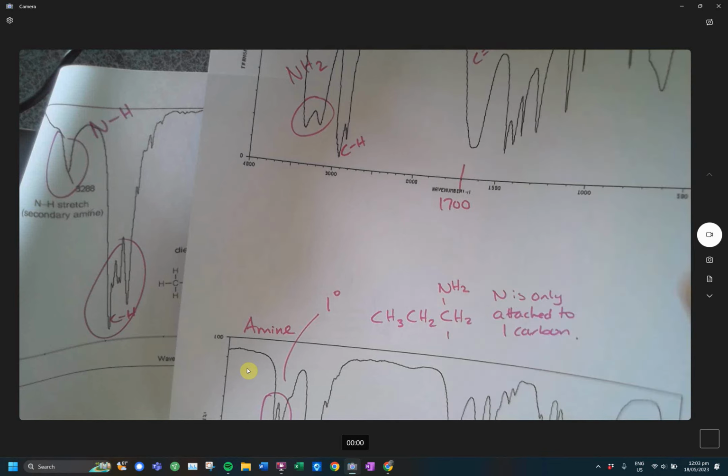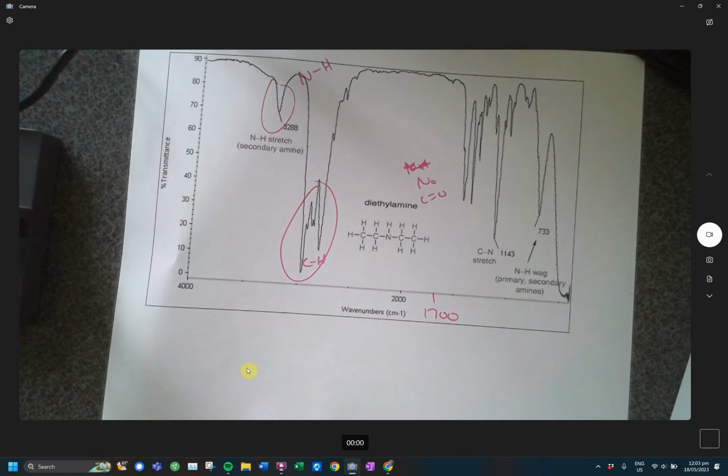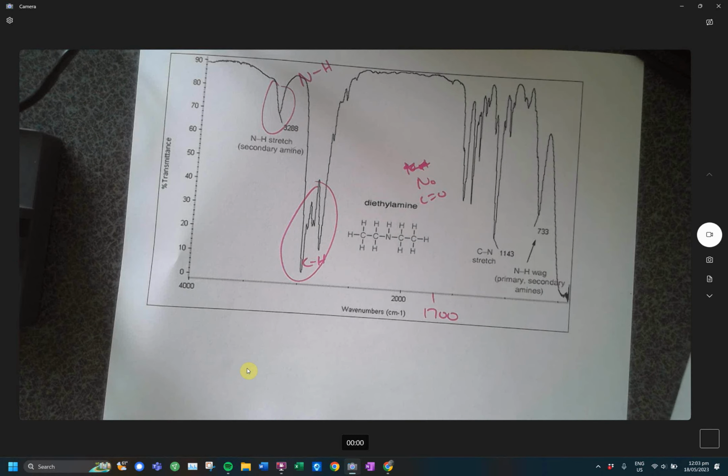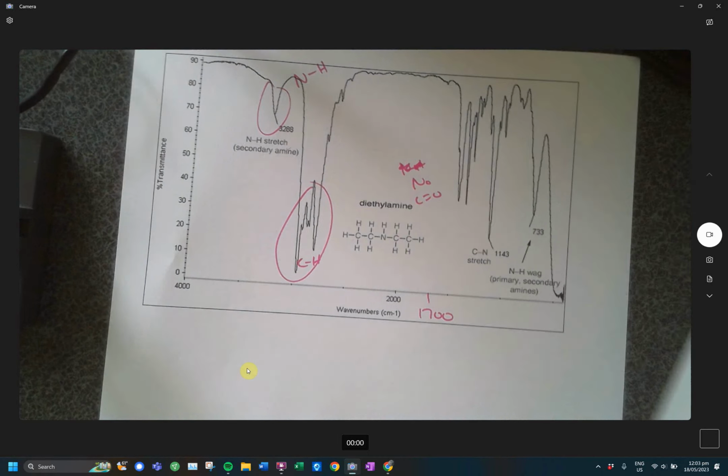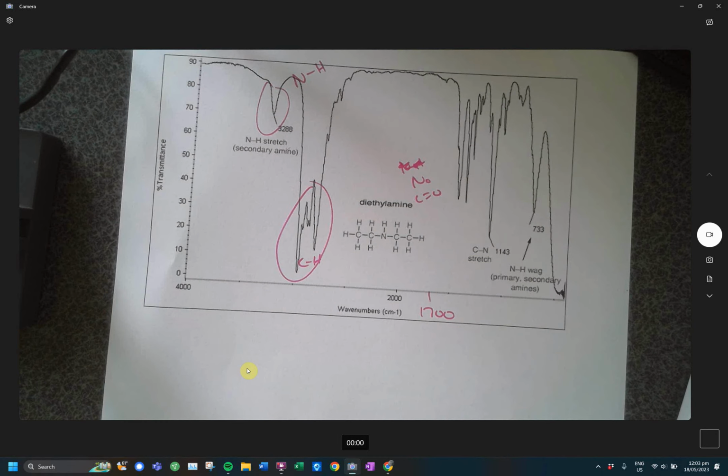And for a secondary, I'm going to draw a 3-carbon structure again.